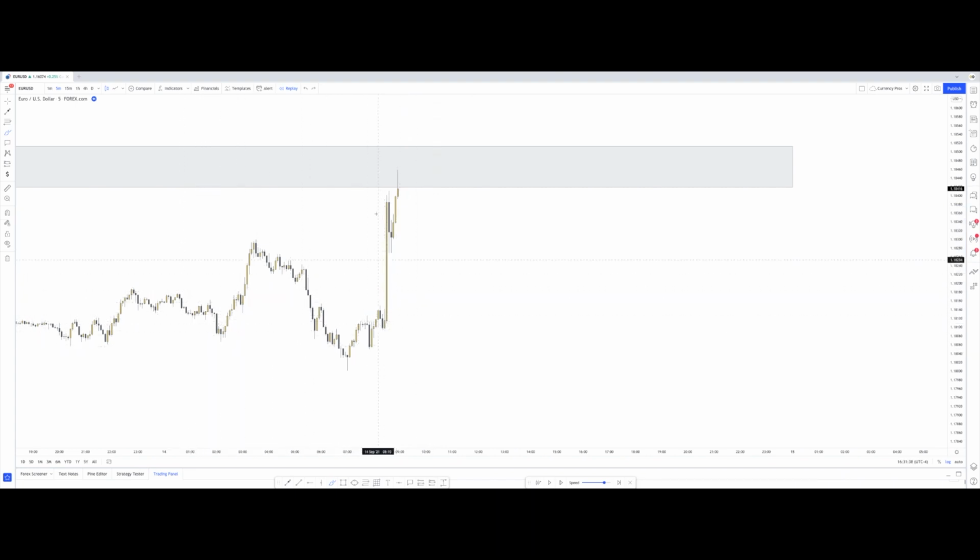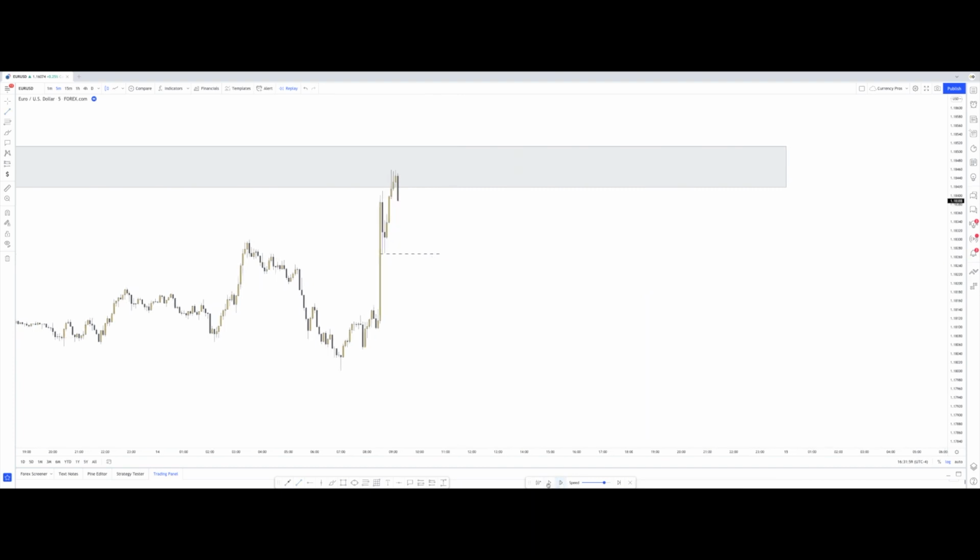This was just such a high momentum candle, but regardless, we made a high here and then price came back down to create this low. So that is a high and a low. All right, so we're looking for this level to be broken.